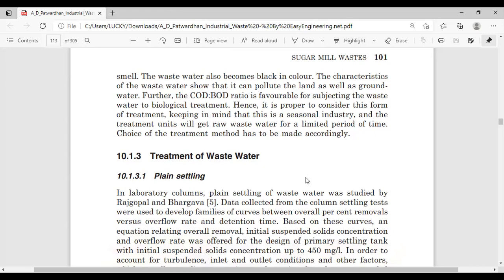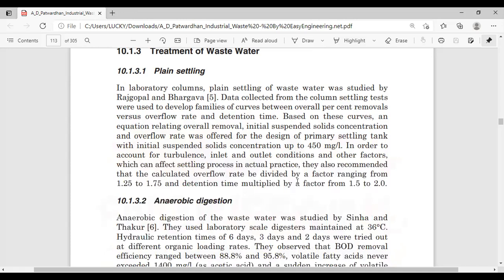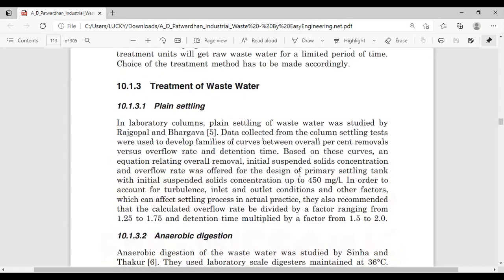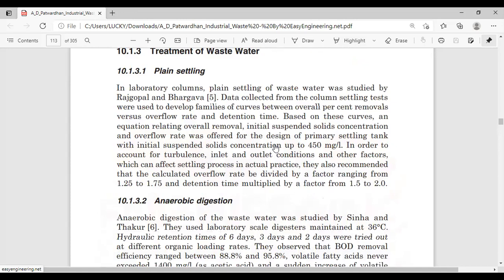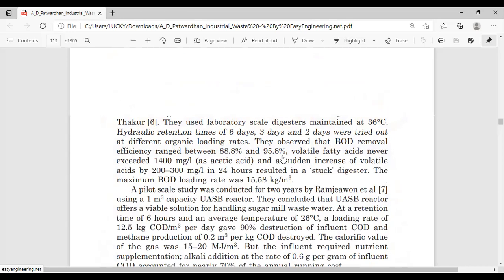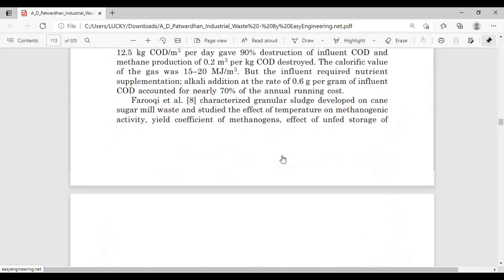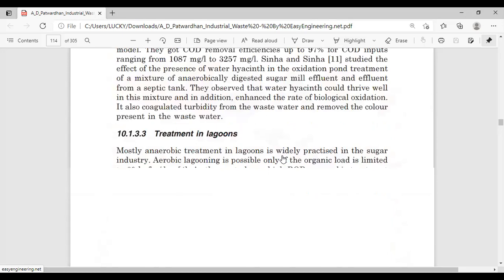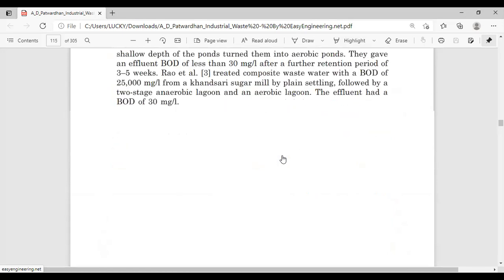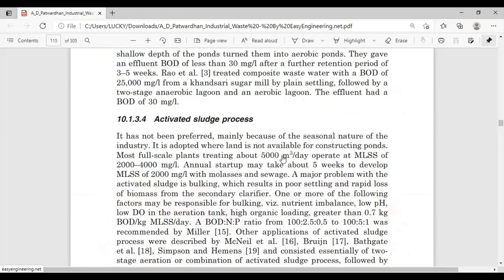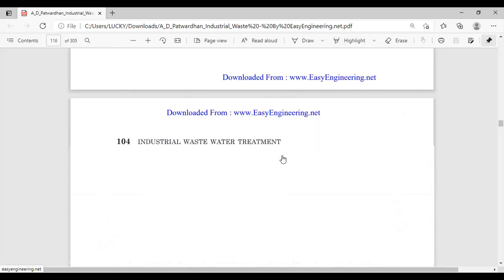Next, treatment of wastewater. The stages in the treatment of wastewater are plain settling, anaerobic digestion, treatment in lagoons, activated sludge process, trickling filtration, and solid waste.